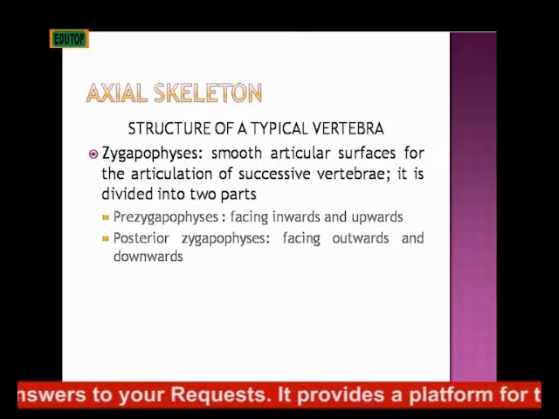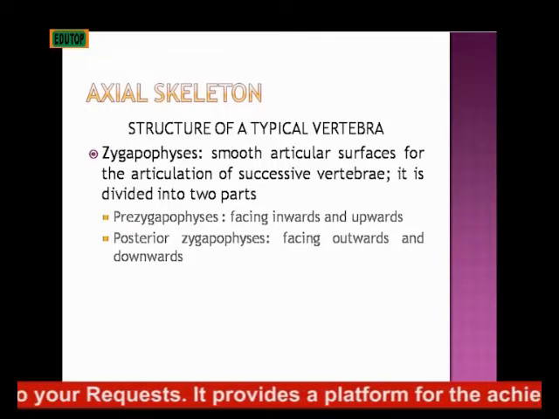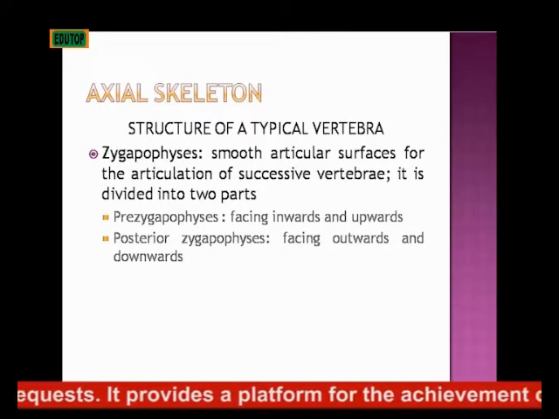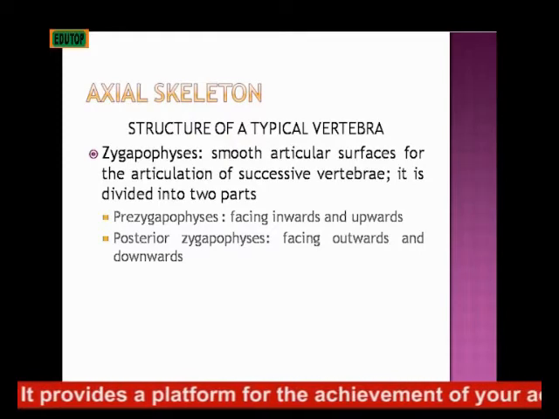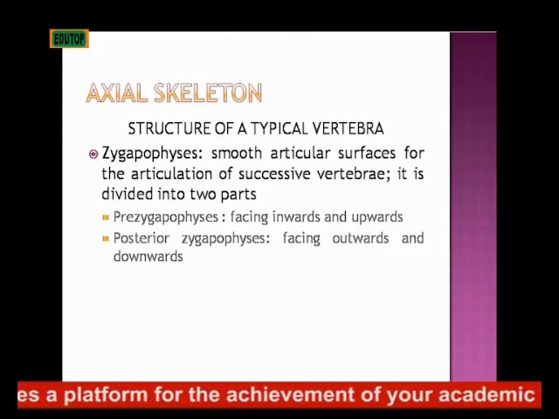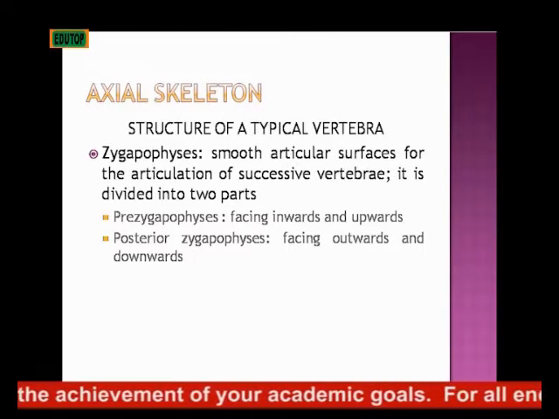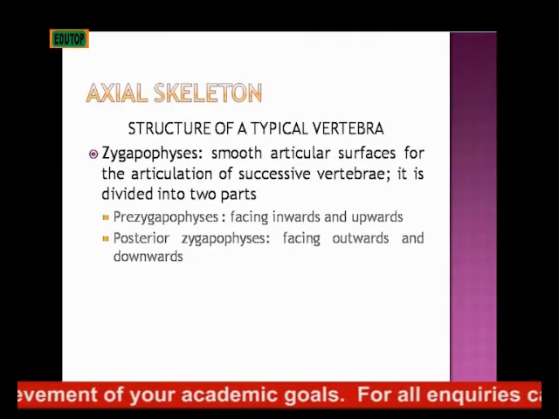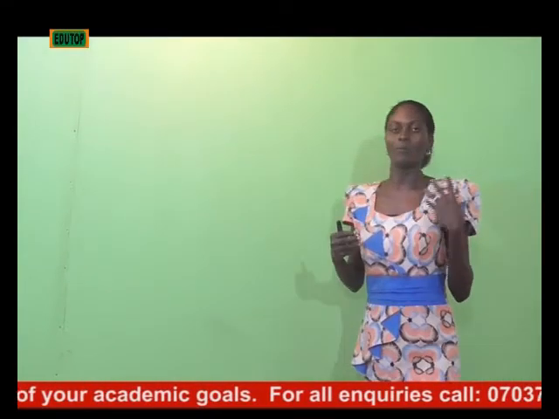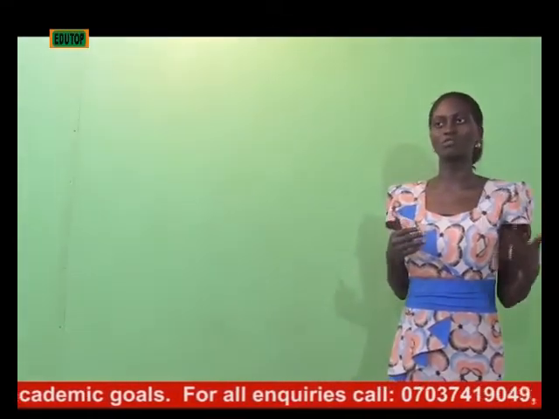Then it is divided into two parts: the pre-zygapophysis and the post-zygapophysis. The pre-zygapophysis is the one that faces inwards and upward, while the post-zygapophysis is the one that faces outwards and downward. Now, I will be talking about the distinguishing features of the vertebrae using the terms I've defined earlier.